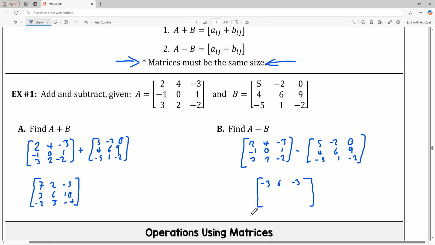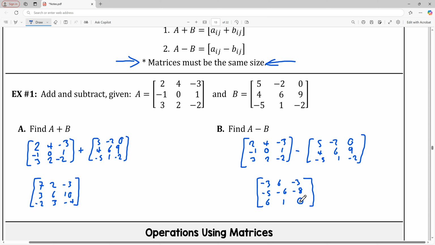Negative 1 minus 4, that's negative 5. 0 minus 6, that's negative 6. 1 minus 9, that's negative 8. 3 minus negative 3, again, watch out for the double negatives, that's going to be a positive 6. 2 minus 1, that's just 1. And negative 2 minus negative 2, watch out for double negatives. This minus negative 2 is going to turn to a positive 2. And then with a negative 2 there, this actually works out to just be 0.